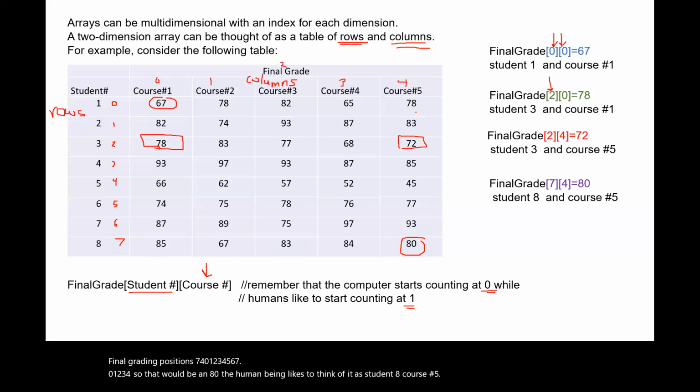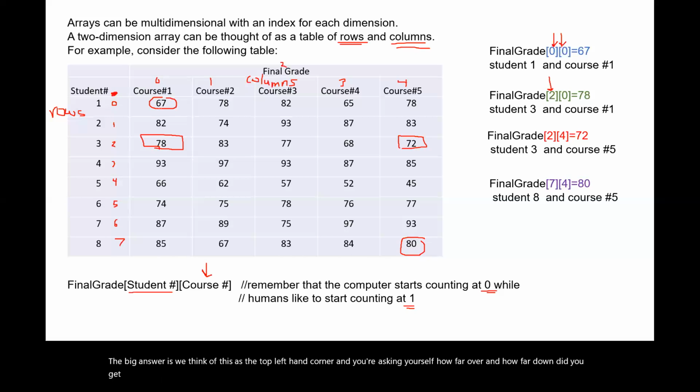And you might ask yourself, why did computer scientists do this? The big answer is we think of this as the top left-hand corner. And you're asking yourself, how far over and how far down did you get to the first number? And you didn't. You were already at the first number. So if this is in the top left-hand corner, the displacement is 0, 0 from that position.